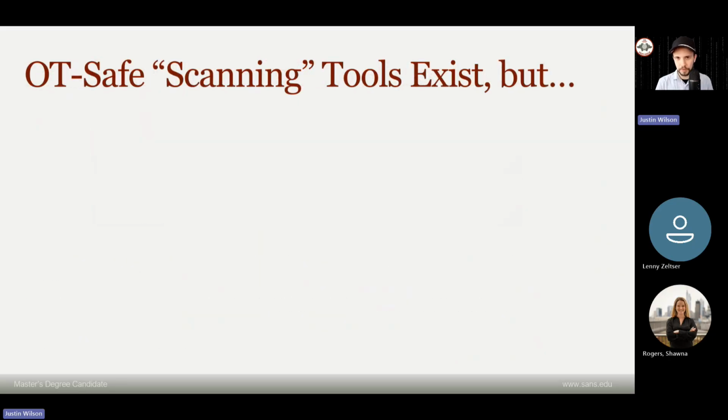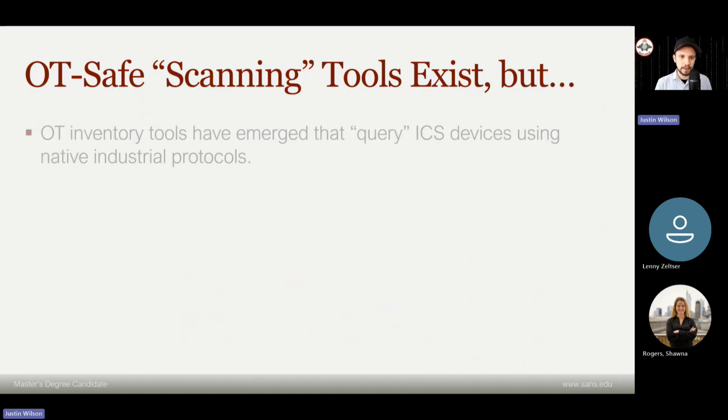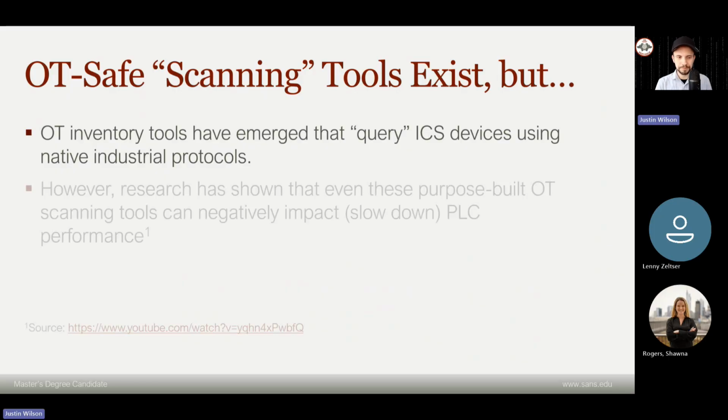Now, there are OT safe scanning tools that exist, and these will talk to devices using their native languages. Instead of using a ping, for example, it'll use Modbus or S7 or Ethernet IP and talk to a device using the language that it understands. And this is much safer and a much better way to get information from industrial components.